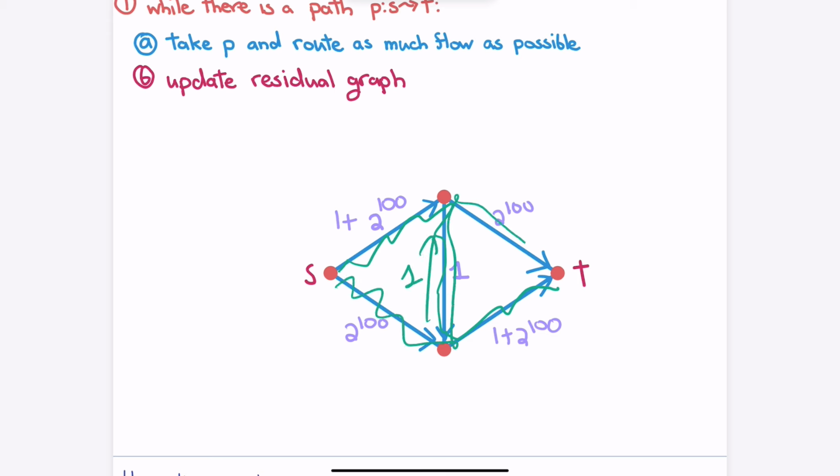You route one unit of flow, one unit of flow, one unit of flow, and then okay, now that's no good, right? You're going to need 2 to the 100 plus 1 iterations to deal with this. Okay. All right. Any ideas to try to address this?